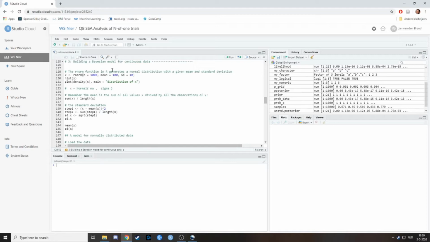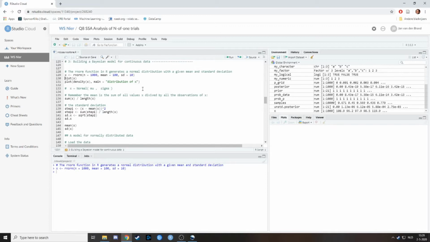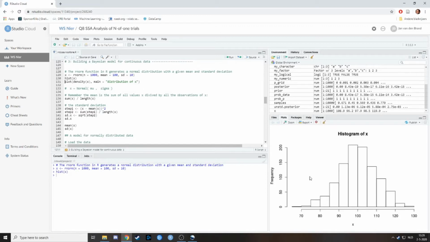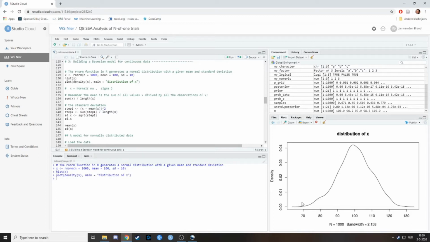With this command I generate a random normal distribution with 1000 elements, a mean of 100 and a standard deviation of 10. Let me show you the histogram of this and also the density plot, which is sort of like the histogram, only smoothed.